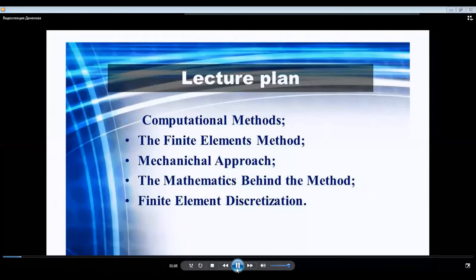Computational method. Second, the finite element method. Third, mechanical approach. Fourth, the mathematics behind the method. The last, finite element discretization.